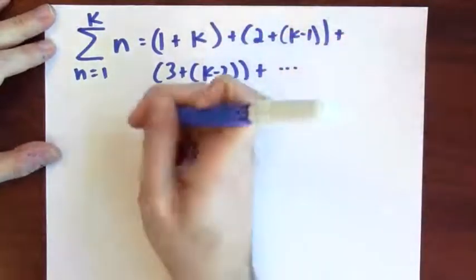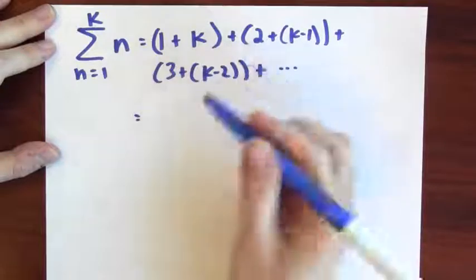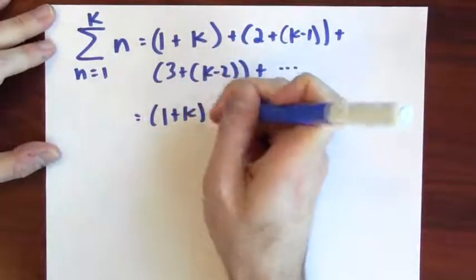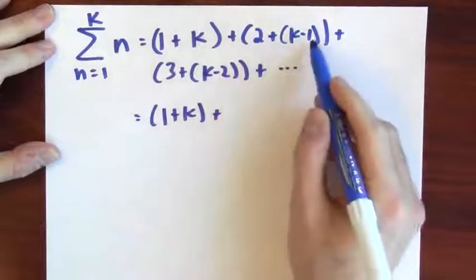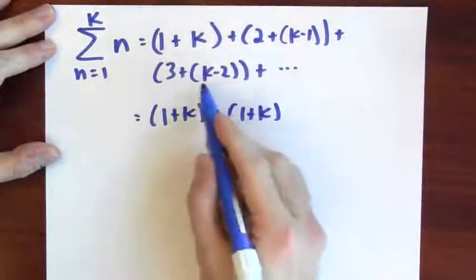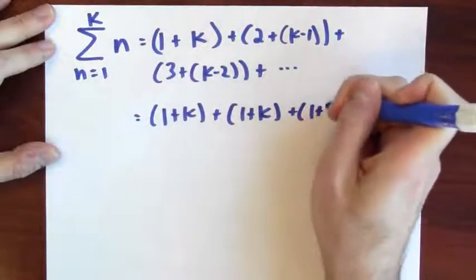And I'm going to keep on going. The first number and the last number is, I'm writing it as 1 plus k, that's fine. The second number and the second to last number, that's also 1 plus k. The third number and the third to last, that's also 1 plus k.